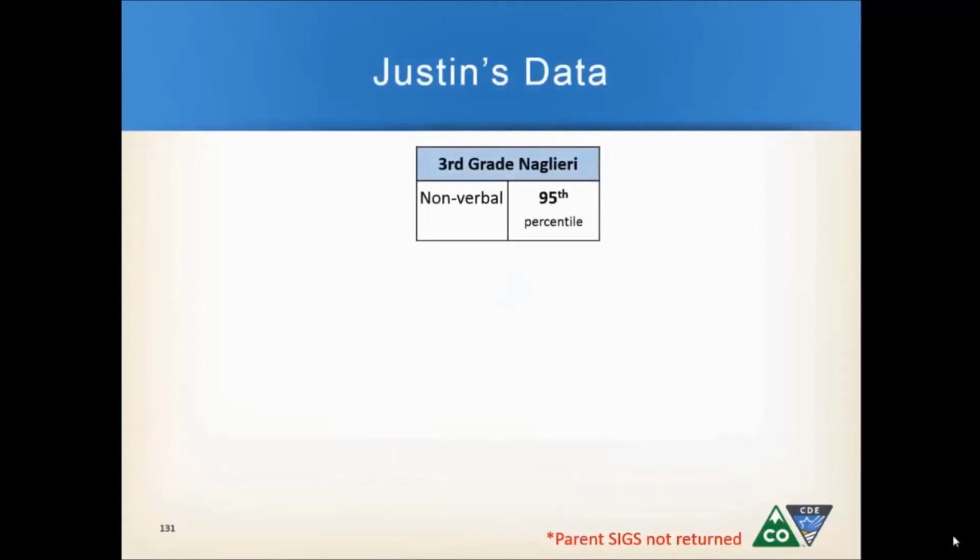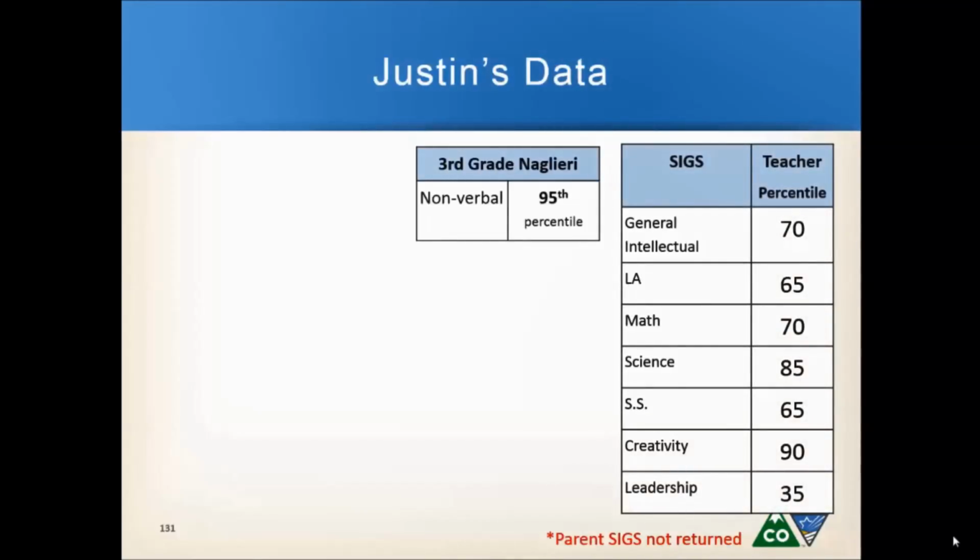Back in 3rd grade, when he first entered this new school, Justin was given the Naglieri Nonverbal Cognitive Assessment. He scored at the 95th percentile on this assessment. Based on that score, his classroom teacher was asked to complete the Normed Reference Observation Scale, SIGS.